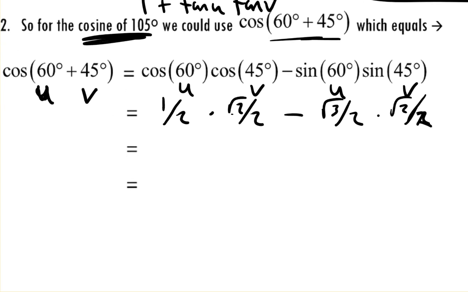So multiplying fractions, you just multiply the numerators together to get your numerator, multiply your denominators together to get your denominator. Minus, do the same thing over here. Square root of 3 times square root of 2 is square root of 6. And 2 times 2 is 4. And they've already got a common denominator, so why not push them together?